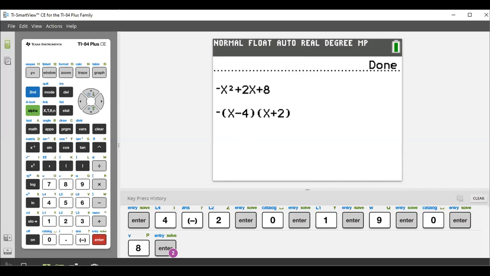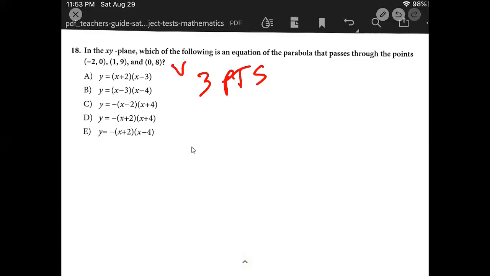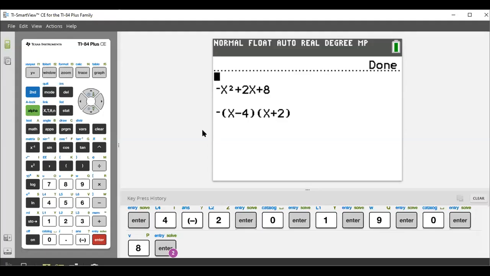So if I go back to the exam, it would be this one. Let me double check that. I want to make sure I selected the right one. I didn't write the answer down, so negative x minus 4, x plus 2.